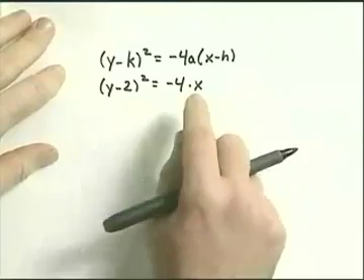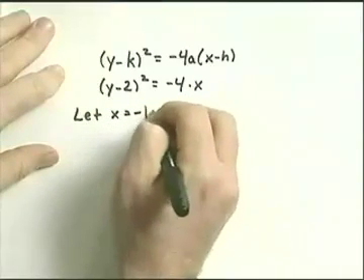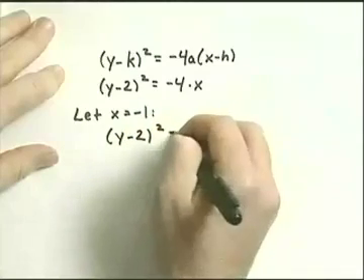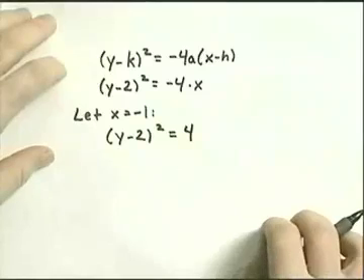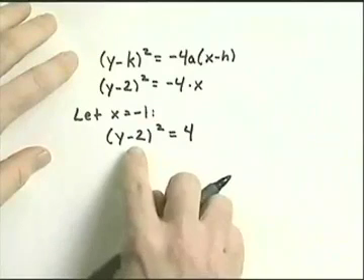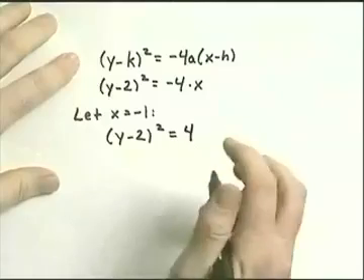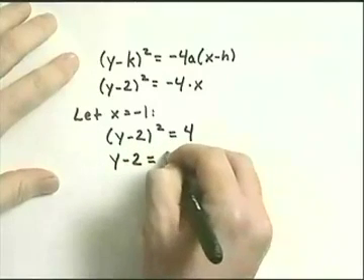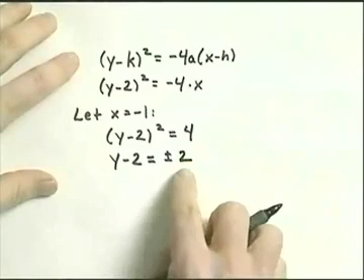So we let x equal negative 1 in this equation, and we get y minus 2 squared equals negative 4 times negative 1, which equals 4. Now to find y, we take the square root of both sides of the equation, and we get y minus 2 equals plus or minus 2.